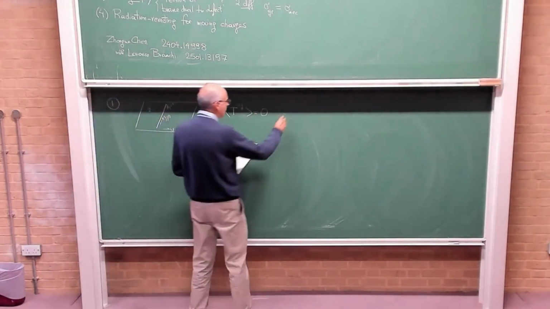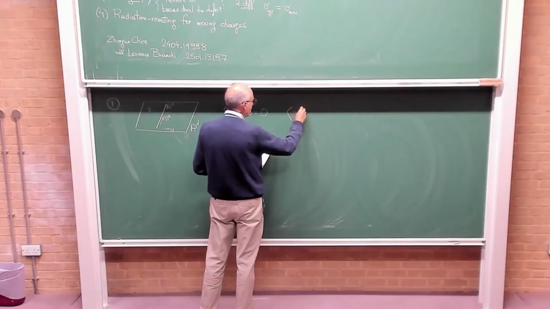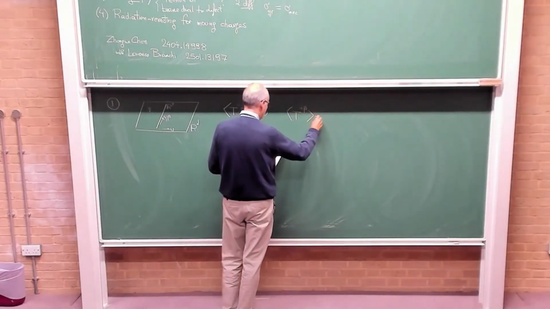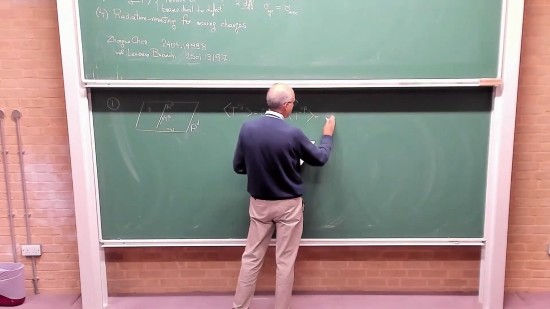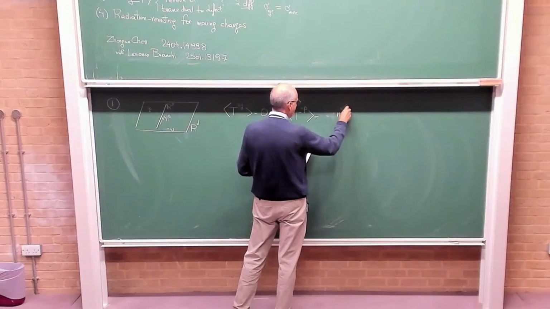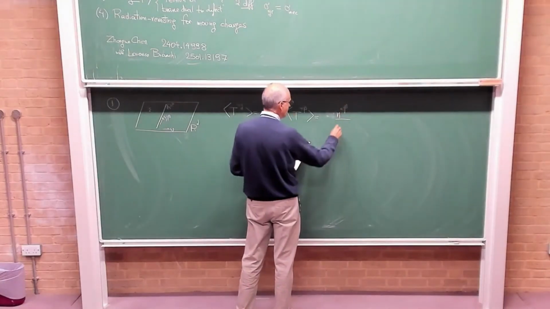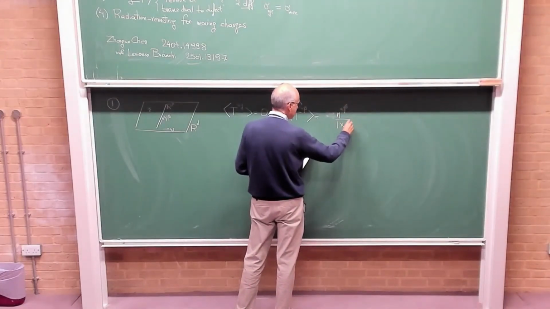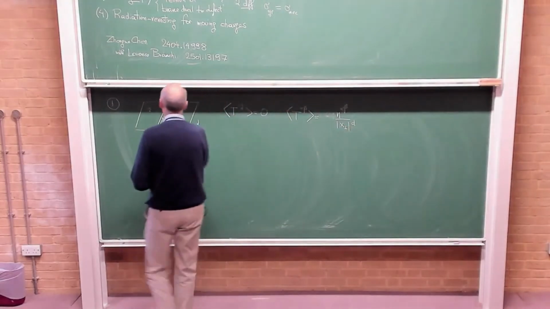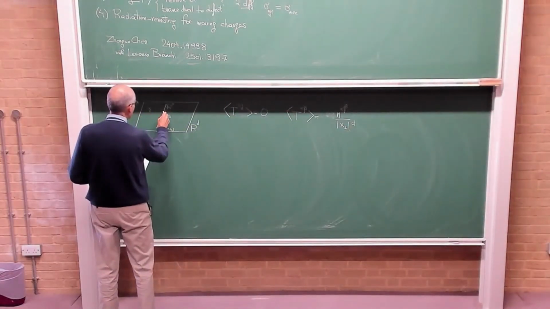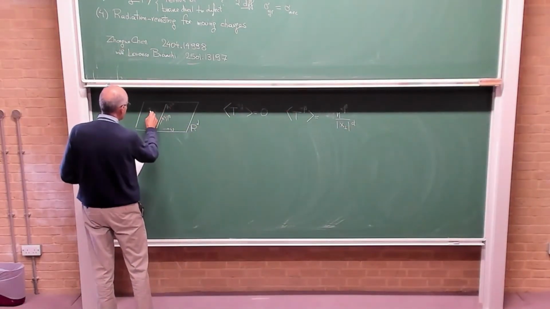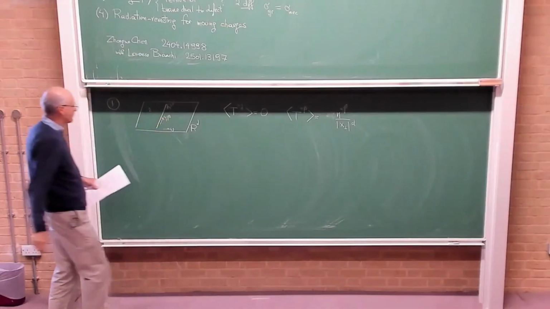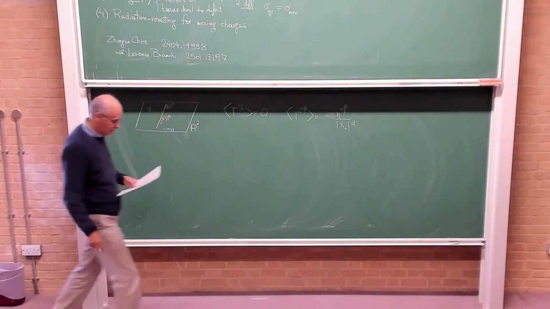T alpha beta, the only invariant thing you can write down is eta alpha beta or delta alpha beta, the invariant metric, over the transverse distance to the power d, right? So this is, well, depends on perspective, it's like this or normal.